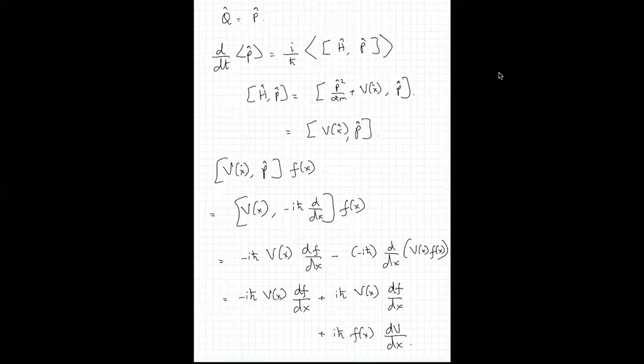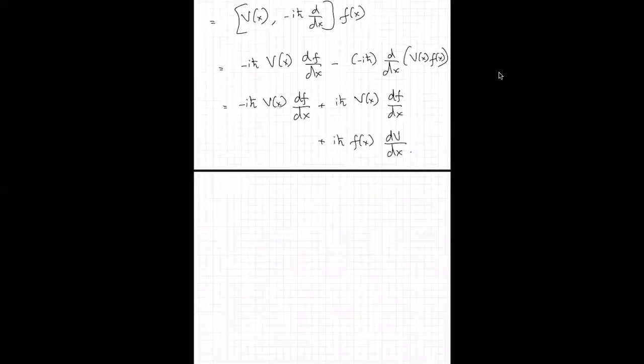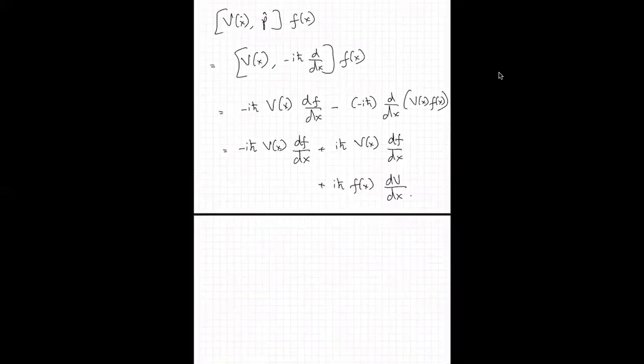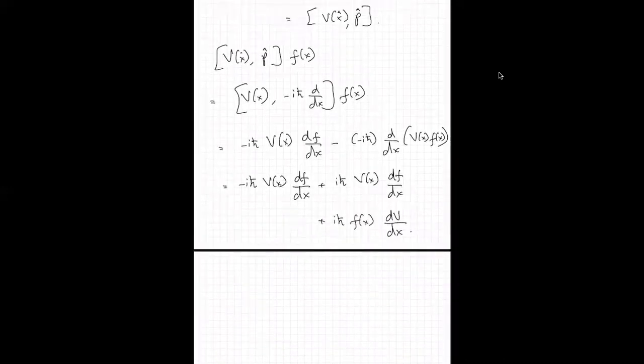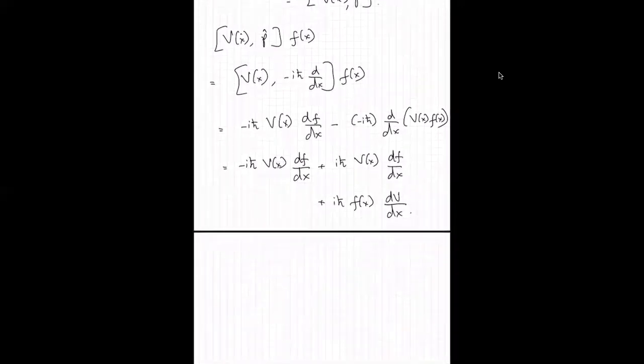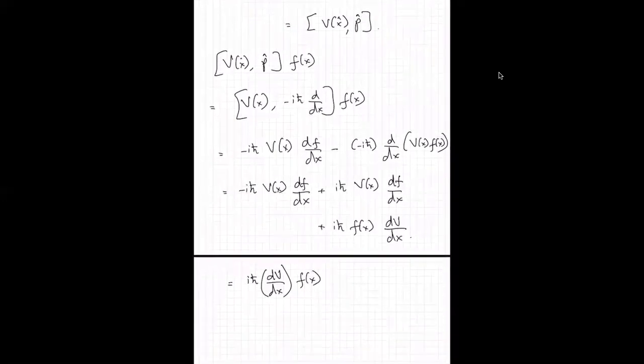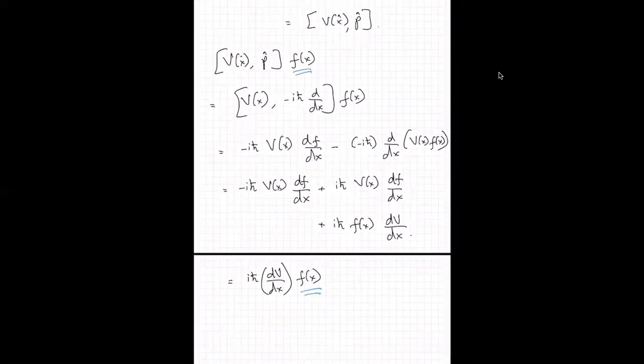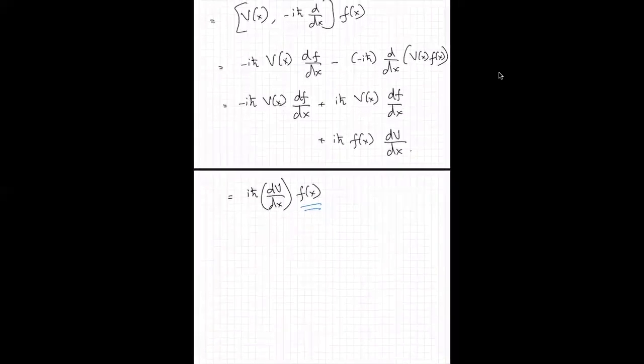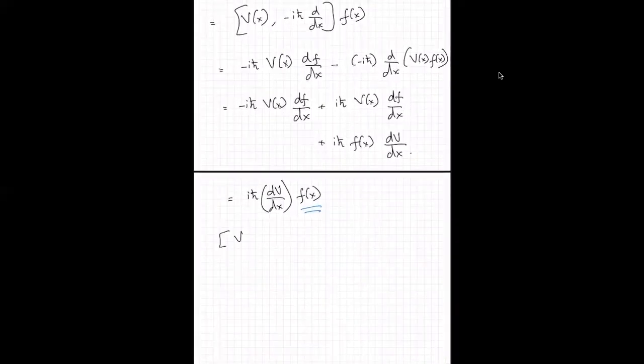Now notice that the first term and the other df/dx term cancel cleanly, and you get i h bar dV/dx times f of x. Now I can remove the test function f of x on both sides of this equation, and I can write this as the commutator of V of x and p is i h bar dV/dx.